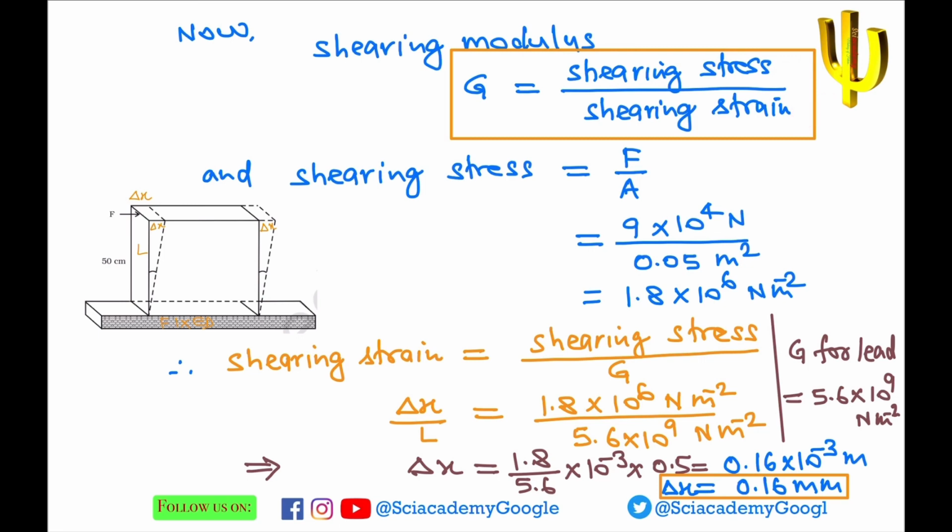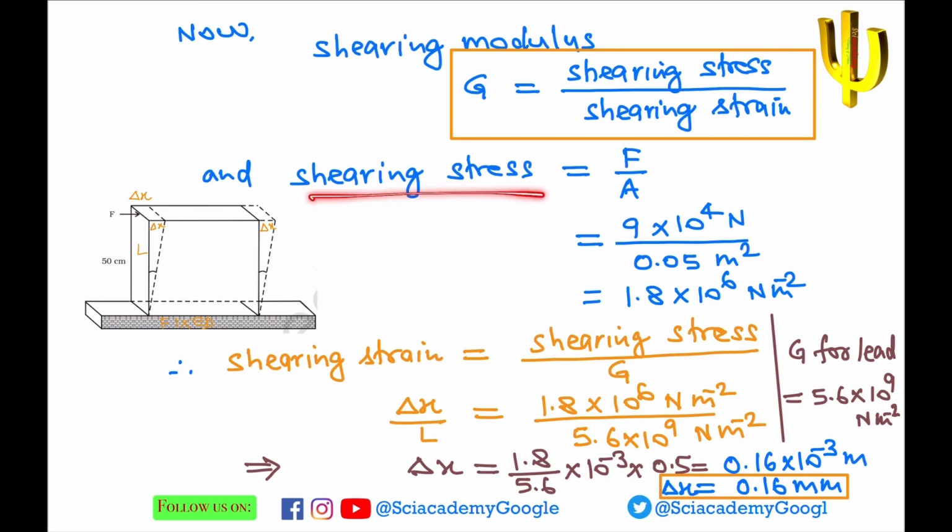As I already told you, shearing stress is the force per unit area of the cross section when the force is parallel to the area of cross section, and shearing strain can be obtained by the ratio of the displacement to the initial length.